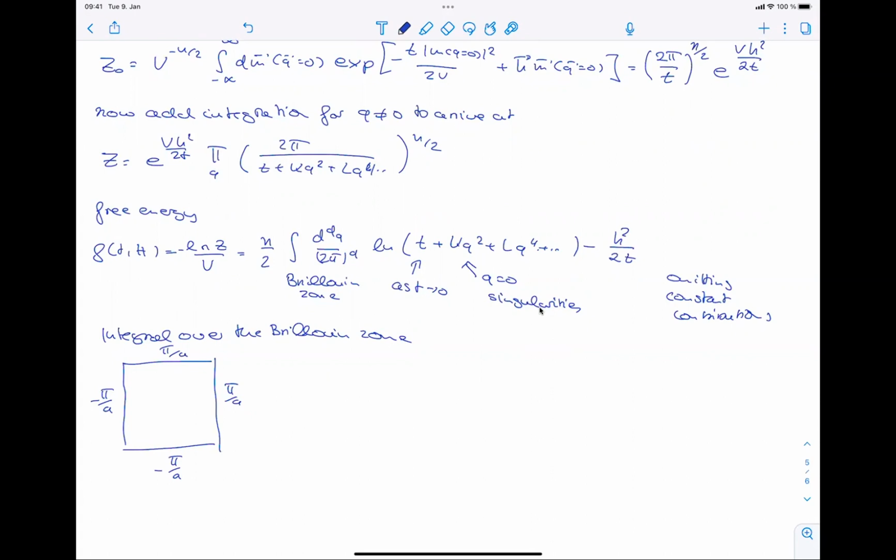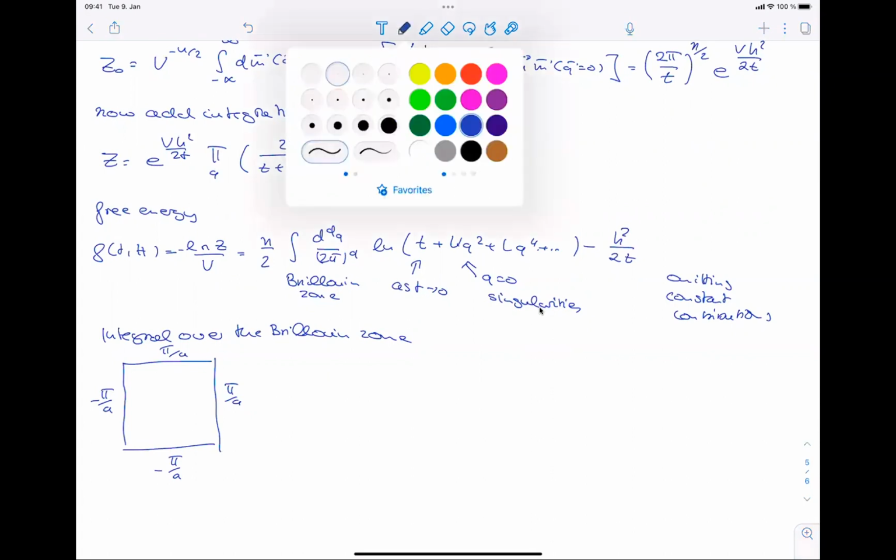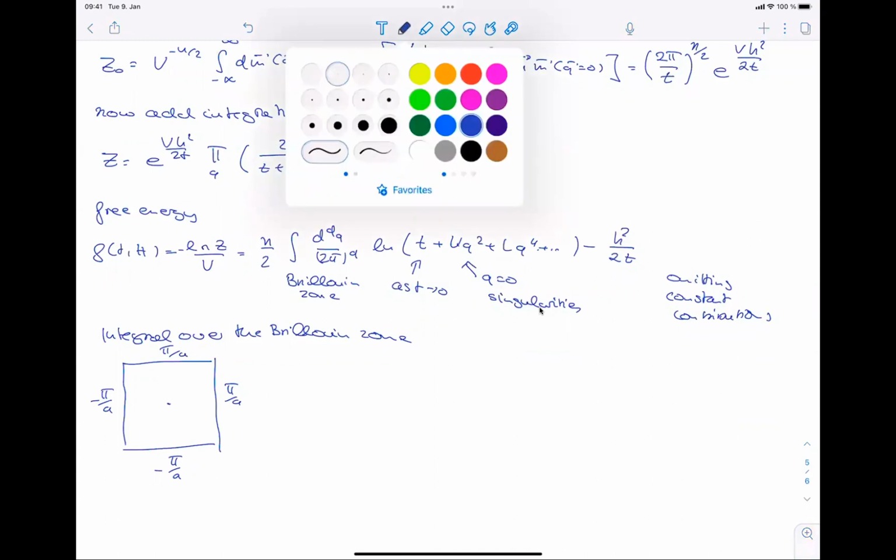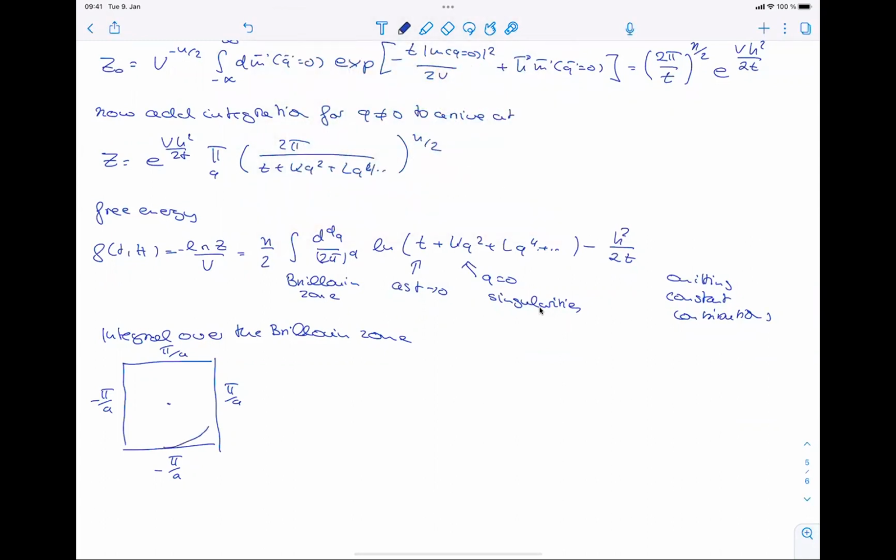And so a simplification that we can now do, because we know what actually contributes most is the point in the middle, the Q equals 0, is to approximate the system by a hypersphere.